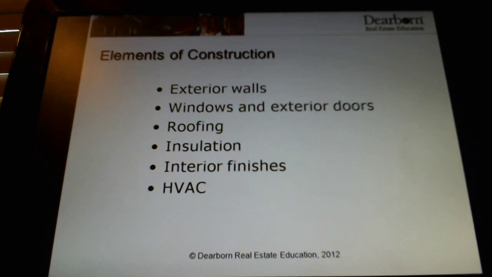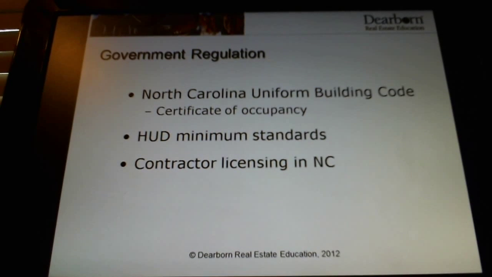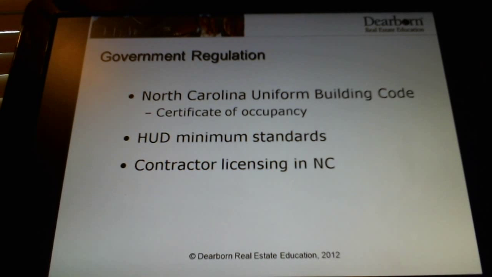On page 386, they make a mention of building codes. And there are only a couple things that you really need to understand about the building codes in North Carolina. Number one, you cannot do any work on real property in North Carolina without first obtaining a permit for that work. You need a permit before you can begin work.